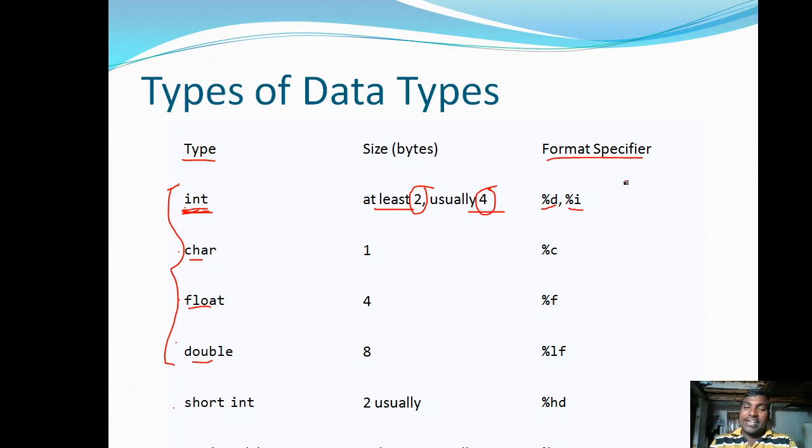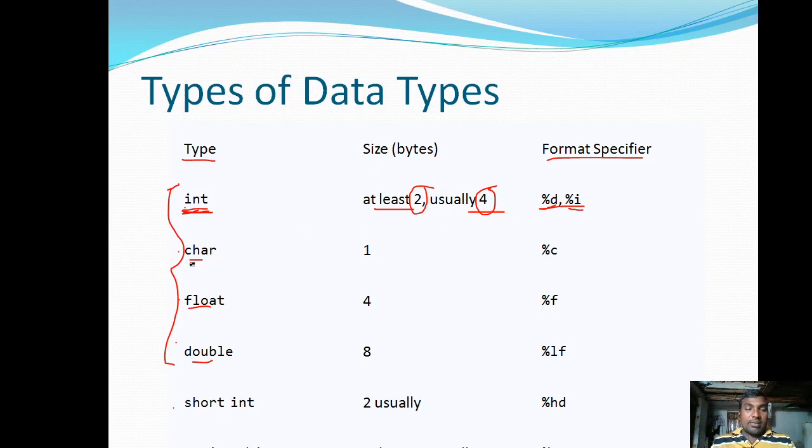If you are trying to read data from the user, then with the help of these format specifiers we can read the appropriate input. At the same time, we use these format specifiers to print integer data, with the help of %d or %i.